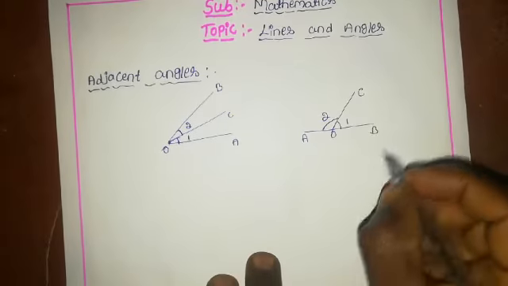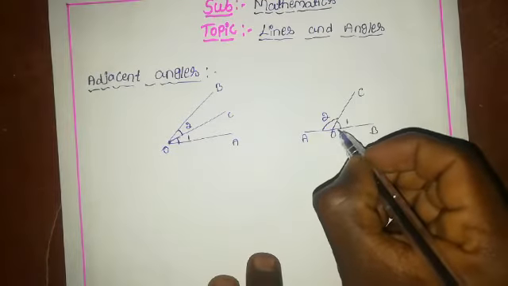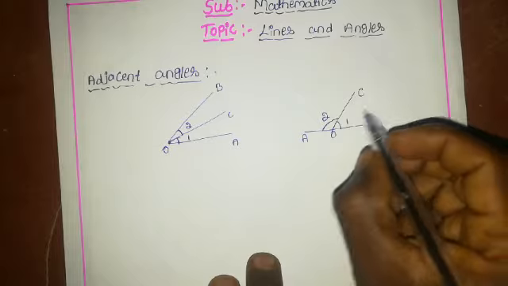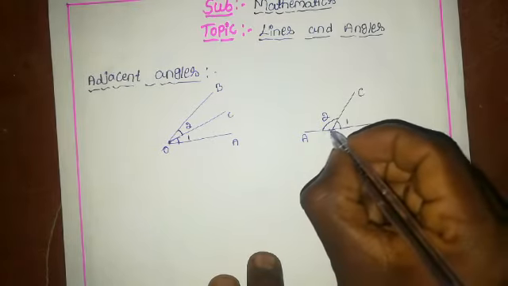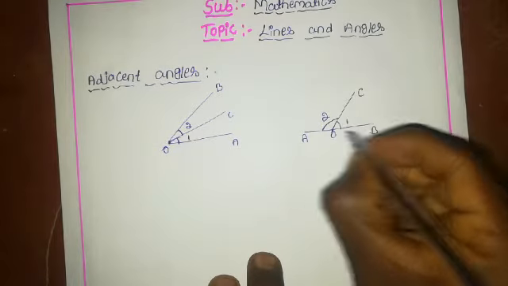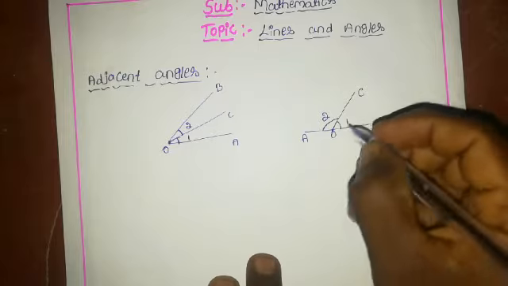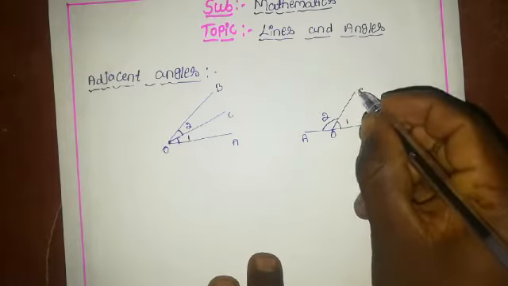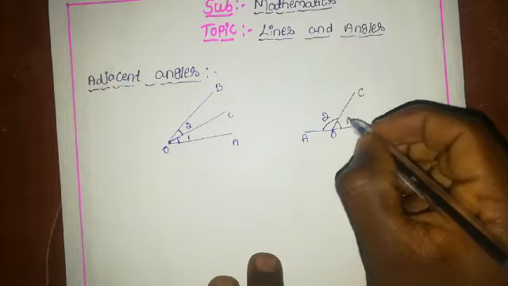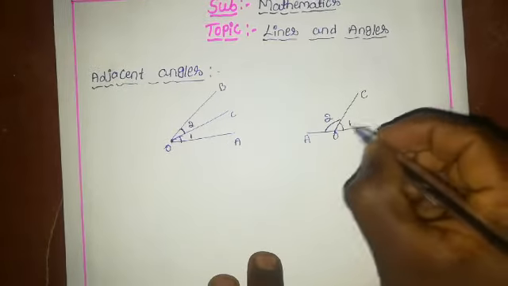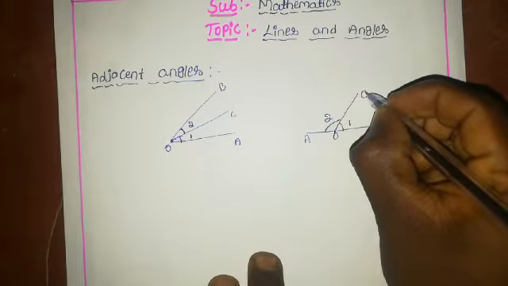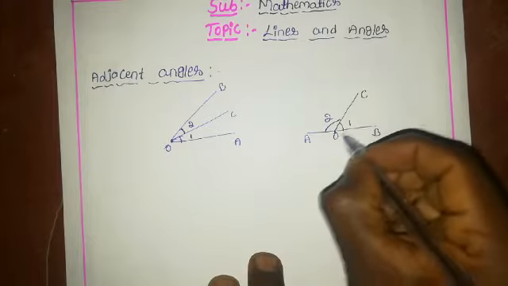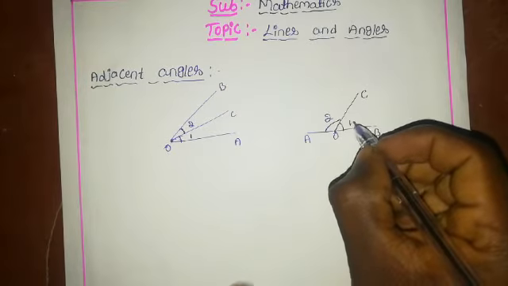We can say angle 1 and angle 2 are adjacent angles because both have a common vertex. For both the angles, O is the common vertex and the side OC is the common side. So here angle BOC and angle AOC are adjacent angles.